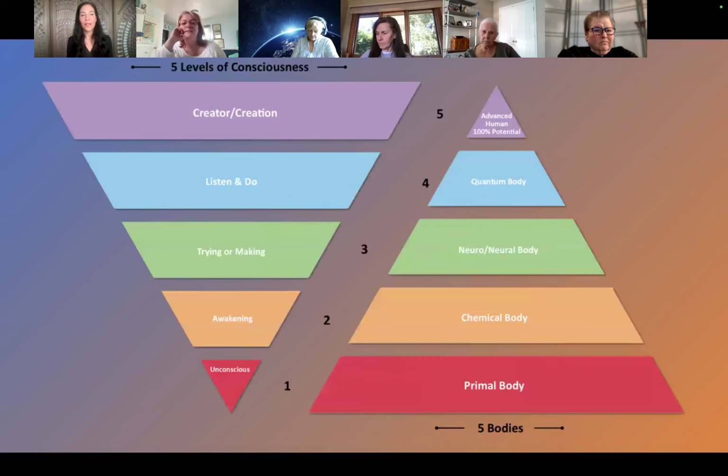So there's another way of knowing what level of consciousness you're in, because we want to talk about that we are the body, right? Our experience of the body is very much connected to our consciousness. So knowing what our body is experiencing is a big indicator of where we are consciously. So if we are unconscious, we are reacting to life. And we all know what it feels like when our body is reacting to life.